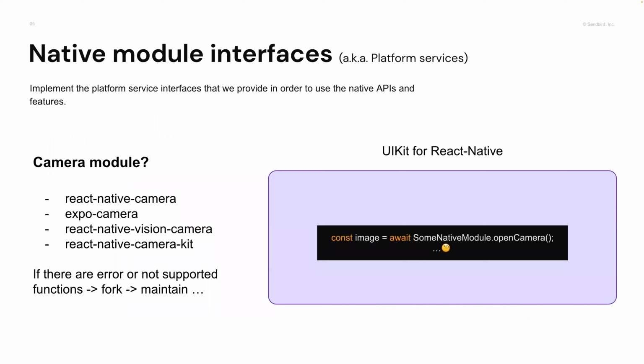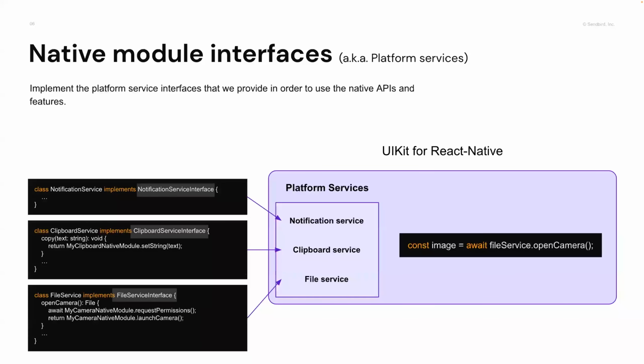Since the React Native ecosystem is mostly run by the community, it is difficult to support specific native modules only due to the instability of the project and its inconsistent maintenance. Therefore, we only provide the interface in UIKit, and the customer has to implement the interface with native modules they're using and send them into the UIKit.